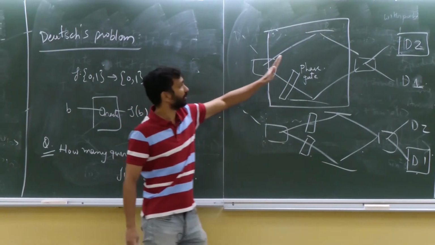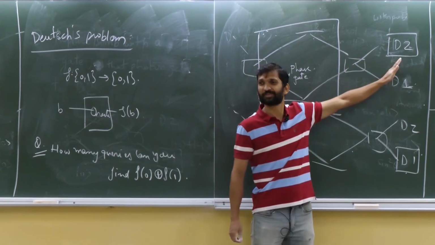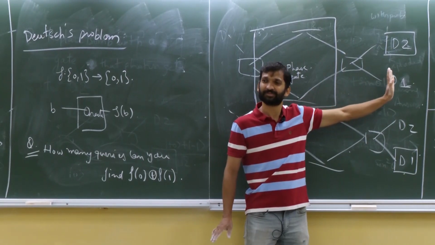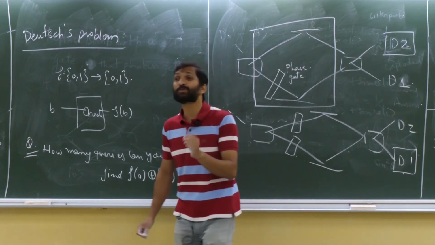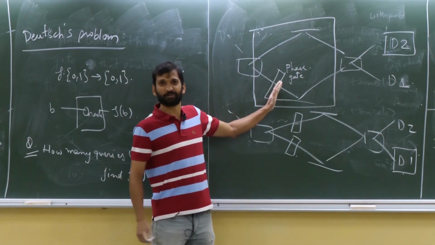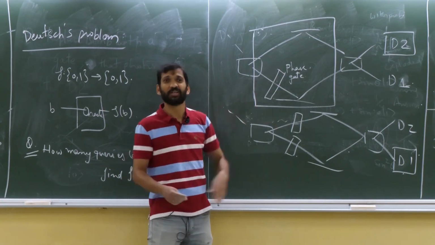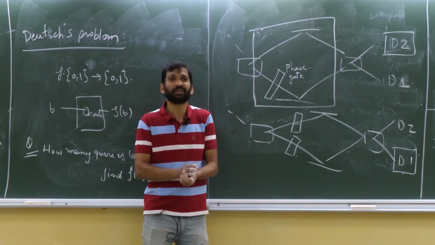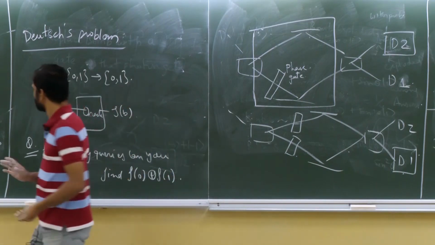Hadamard, apply the function value, Hadamard, measure. Okay, I just have to explain what it means to apply the function, right? So this phase gate, when you apply it, this changes. What is it doing as a function? Sounds good? And things will work out.